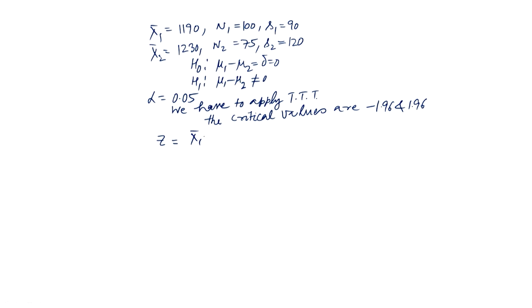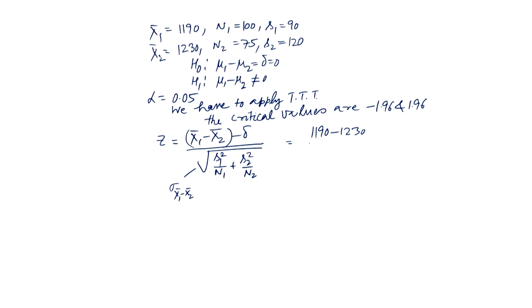Z equal to x1 bar minus x2 bar minus delta divided by square root S1 square over N1 plus S2 square over N2. This is nothing but sigma x1 bar minus x2 bar. So, x1 bar minus x2 bar is 1190 minus 1230.